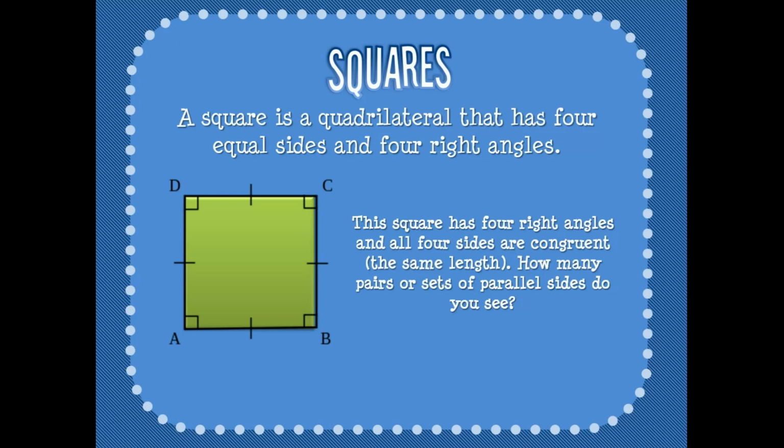That means they have the same length. How many pairs of parallel sides do you see? Here AB is parallel to CD and AD is parallel to BC. Do you understand? And all the sides are equal.